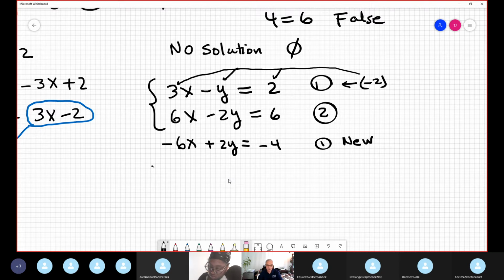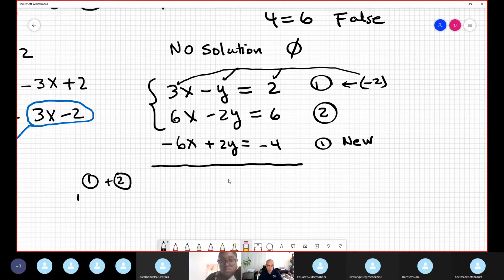Now we are ready to apply elimination. I put the line and add equation 1 plus equation 2, of course the new equation 1, not the old equation 1. By coincidence, because this is a particular example, this cancels out to 0, and this cancels out to 0.